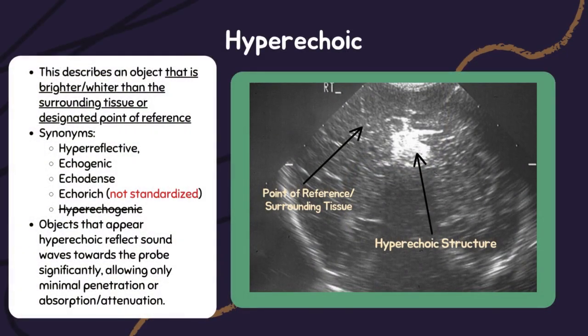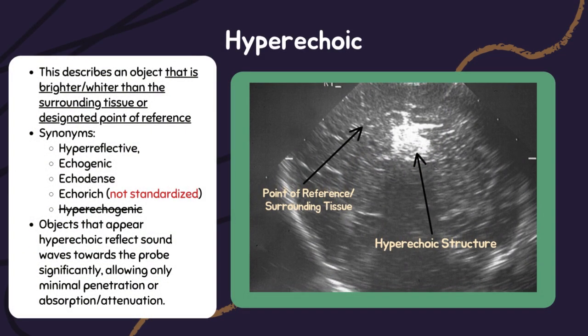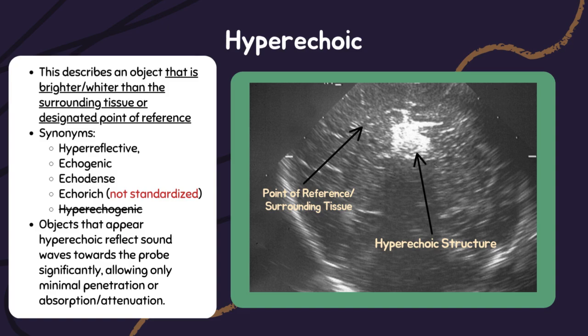Hyperechoic. This describes an object that is brighter than the surrounding tissue or designated point of reference. Other words that can be used in its place are hyperreflective, echogenic, echodense.